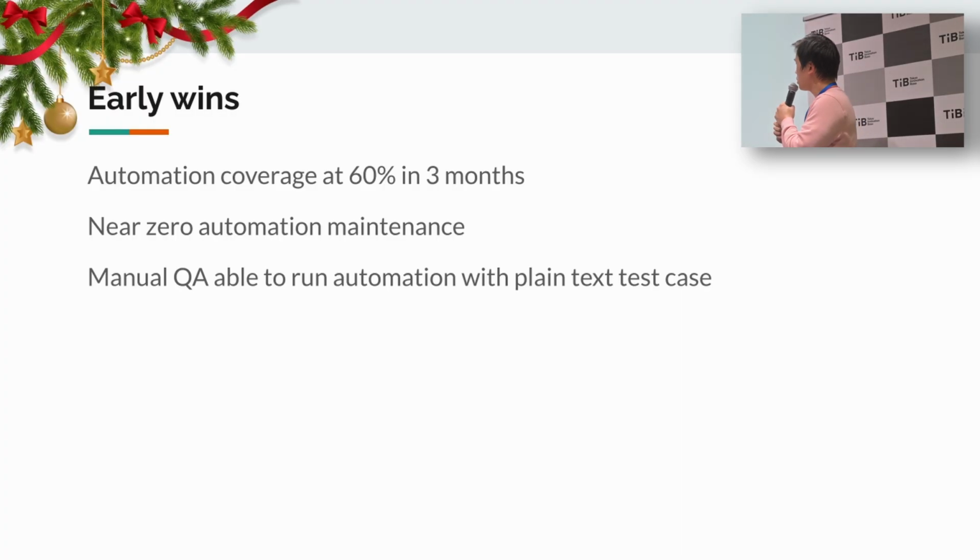With that, manual QA was able to even run the automation tests on their own. If they wanted to create a new test case for a new feature, manual QA just needed to write a test case in BDD format. It's readable, and TARS can read these feature files and execute them properly. So it was a very ideal win for us.